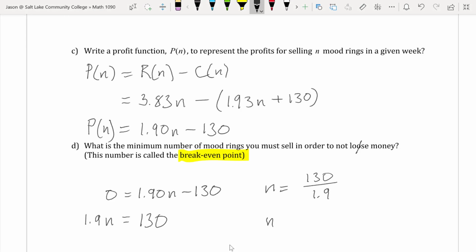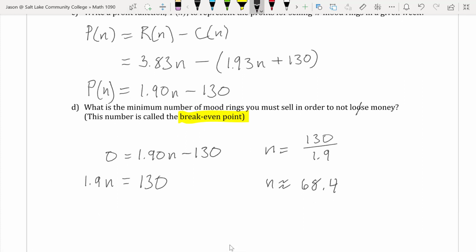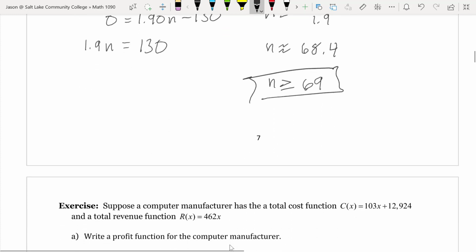So n is approximately 68.4. We don't need to be super precise. So we need to sell at least this many rings, so really n has to be greater than or equal to 69 rings. We've got to sell at least 69 rings in order to break even. Okay.